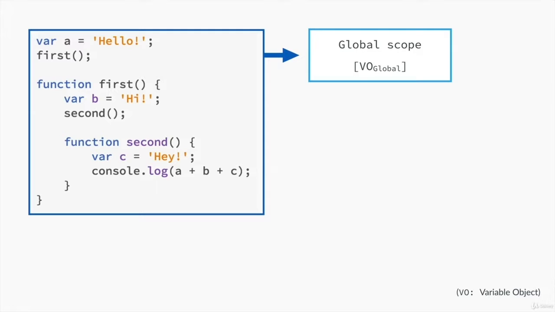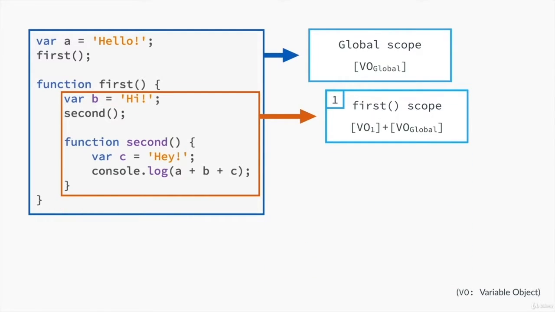So here we have some more demo code. In blue, we have the global scope, which is the scope that is accessible from everywhere, from all functions. Like the global execution context, you can think of the global scope as the default scope. So in this scope, we have access to the variable a and also to the first function.